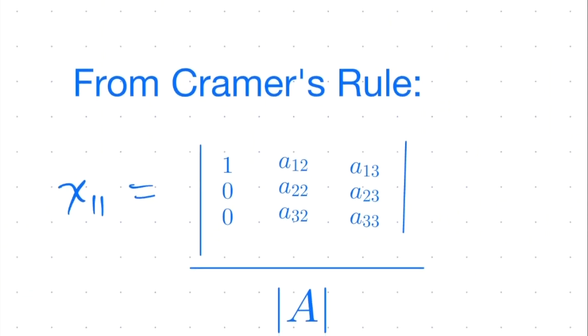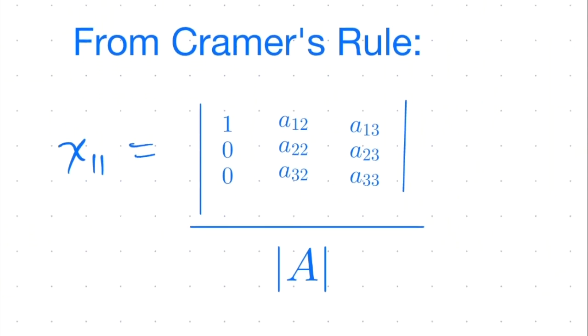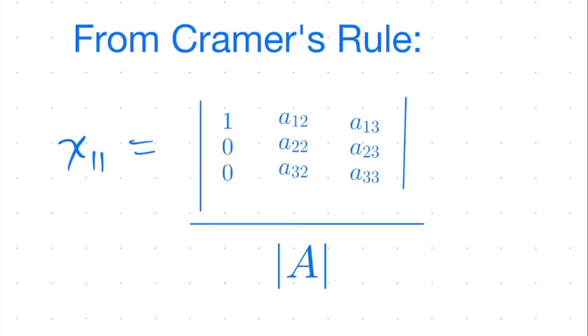And then we would find the determinant of the resulting matrix and then divide by the determinant of A, written this way. It kind of looks like absolute value of A, but it's not. Okay? So this is what Cramer's rule would yield.